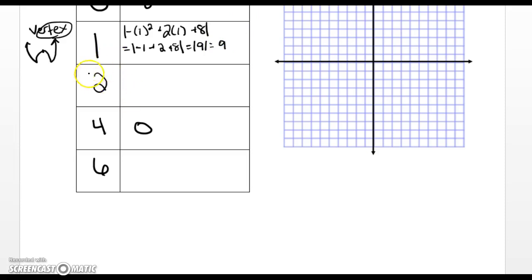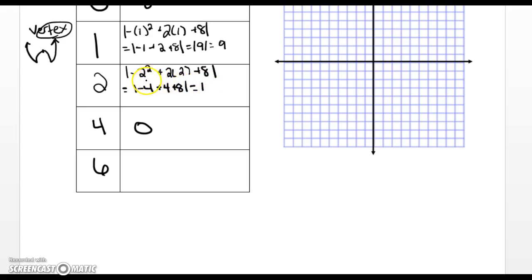Do the same thing here for x is equal to 2. So the absolute value of negative 2 squared plus 2 times 2 plus 8. 2 squared is 4, so we have -4 plus 2 times 2 is 4 plus 8.